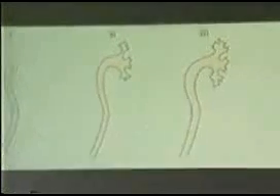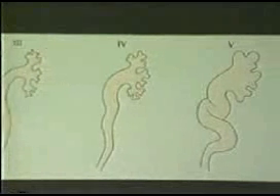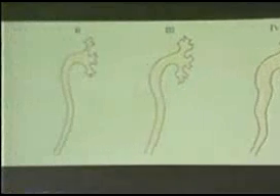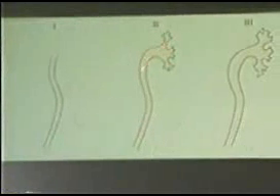Okay. So reflux is in different stages. The stages are 1 through 5. Stage 1 means that you just have reflux, but there's no dilatation of the ureter. Grade 2 is reflux into the upper collecting system. You'll see it.